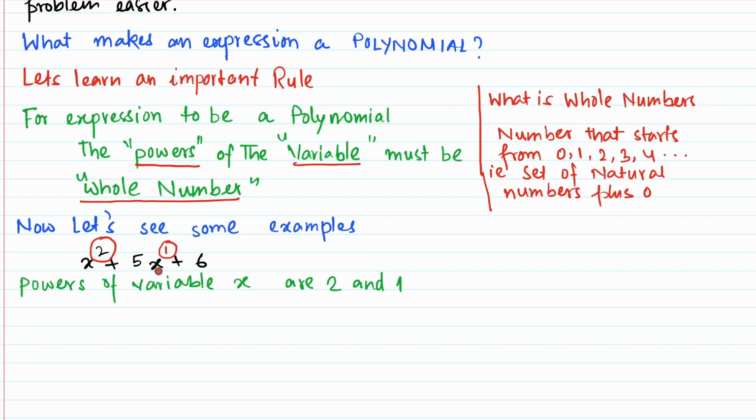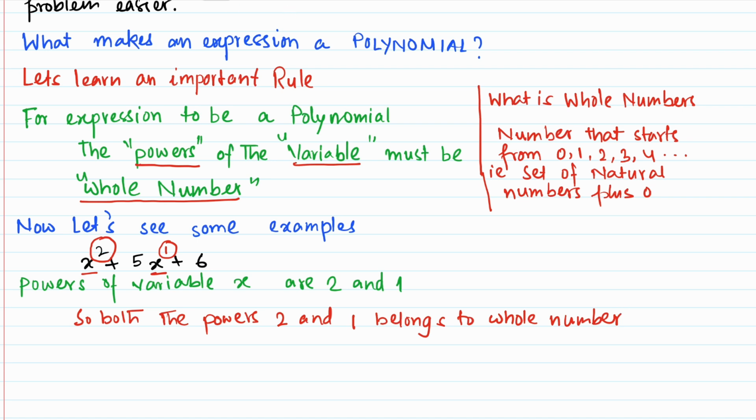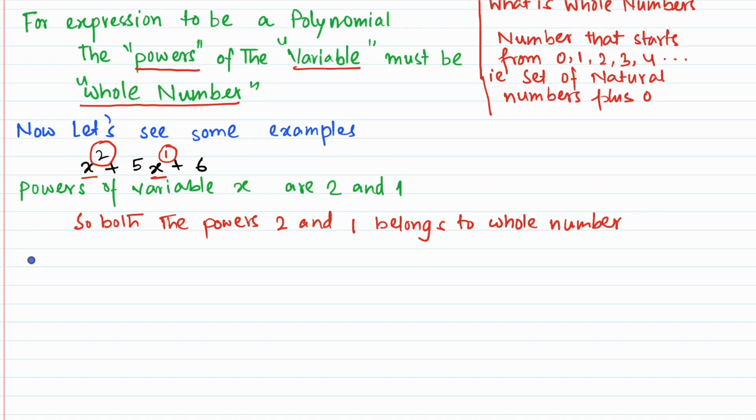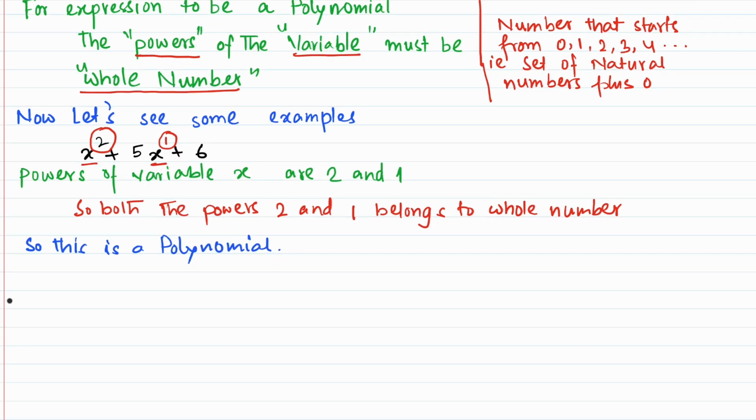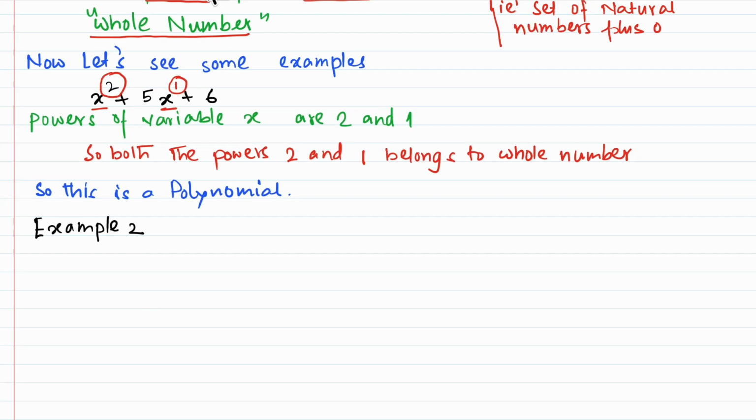Both these powers, 2 and 1, belong to the whole numbers. Hence we can say that this is a polynomial. All polynomials are algebraic expressions, but all algebraic expressions are not polynomials.